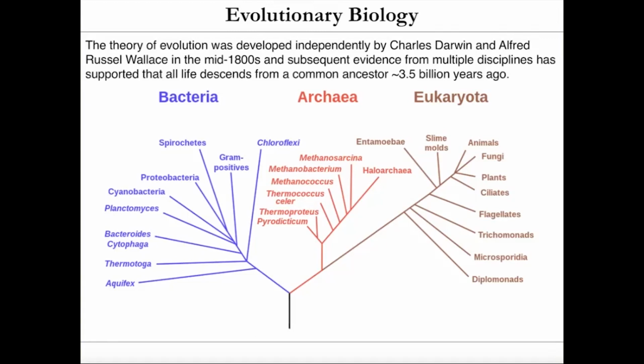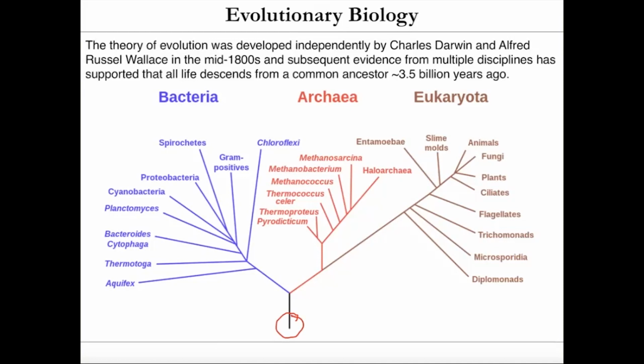And in the subsequent 150 years, evidence from so many different disciplines, from genetics and biochemistry and behavioral biology and paleontology and geology, every single discipline supports the idea that all life descends from a common ancestor that existed, at our best guess, about 3.5 billion years ago. So an understanding of evolutionary biology is really integral to understanding biology as a whole. So I just wanted to mention it.